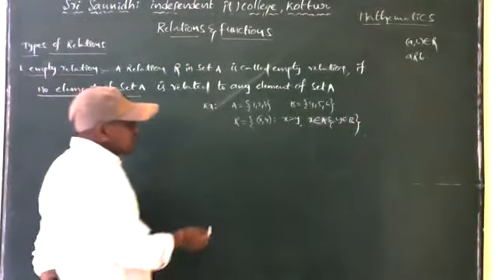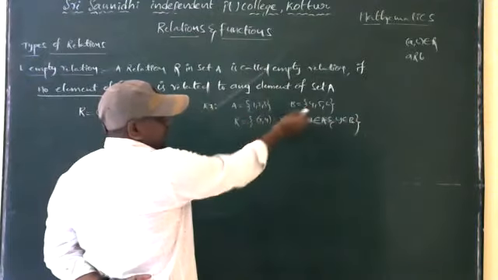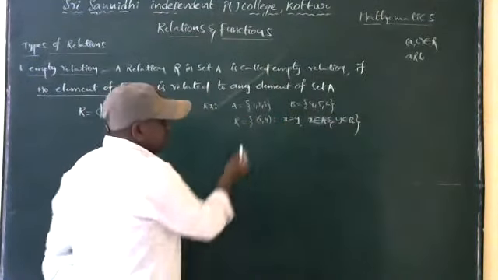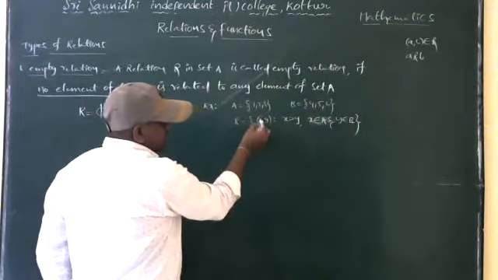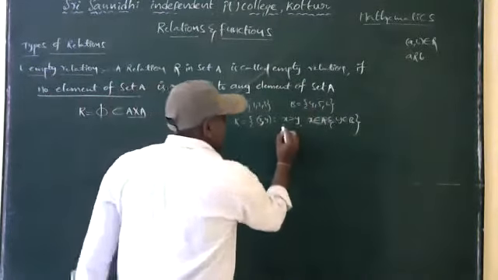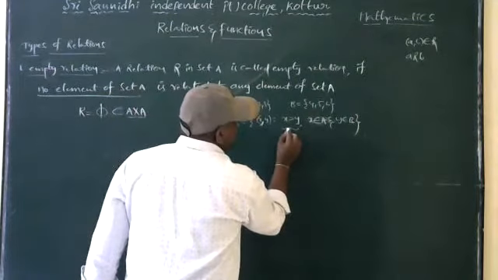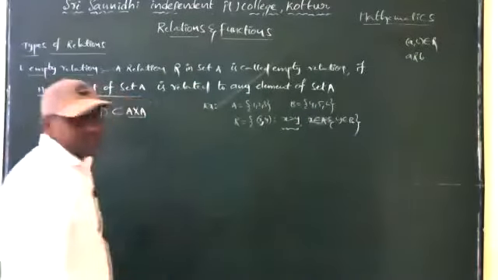Once we have to observe, relation on set A 1 2 3, B 4 5 6. Capital R is equal to (x, y) such that x greater than y. This is the relation where x belongs to set A, y belongs to set B.